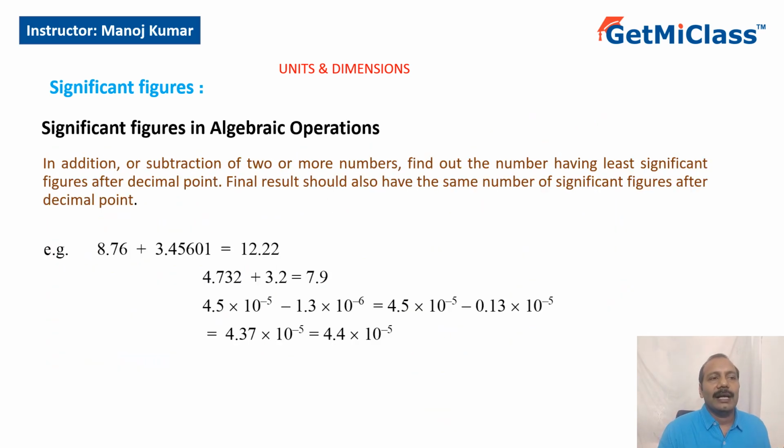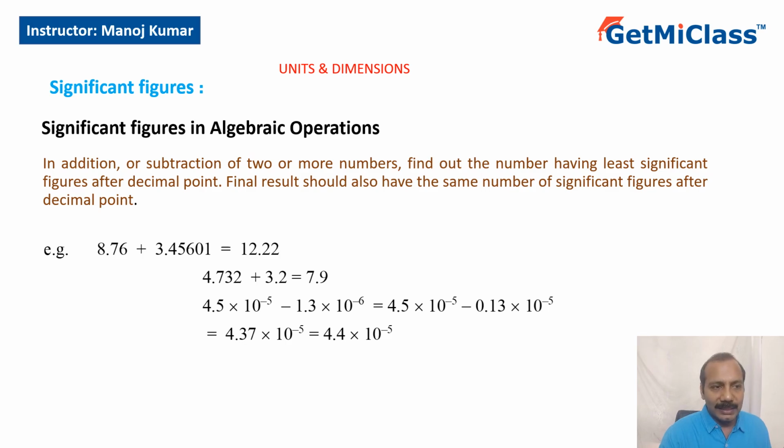How do we do algebraic operations with significant digits? In addition or subtraction of two or more numbers, the answer should have the same number of digits after the decimal as the number which has the minimum number of digits after the decimal.